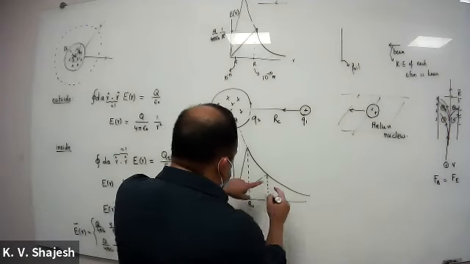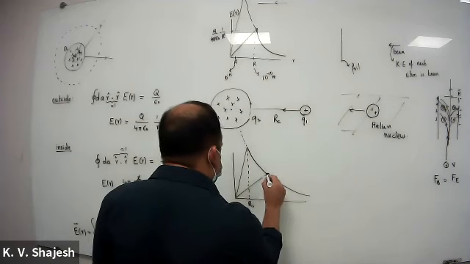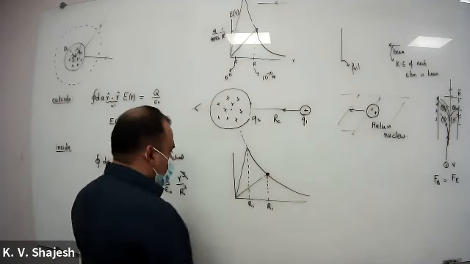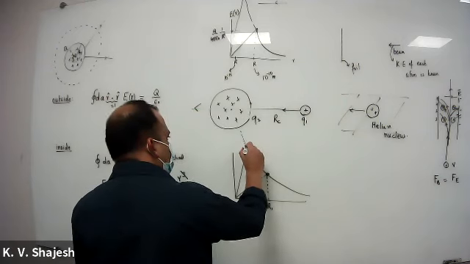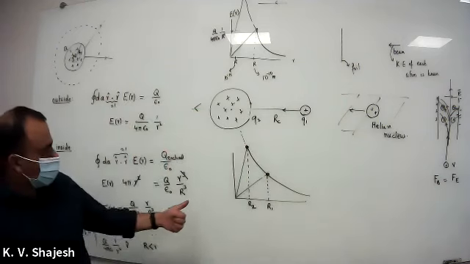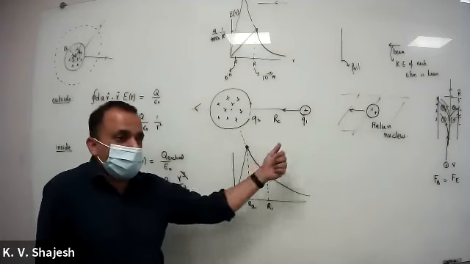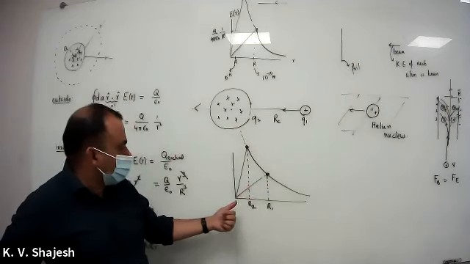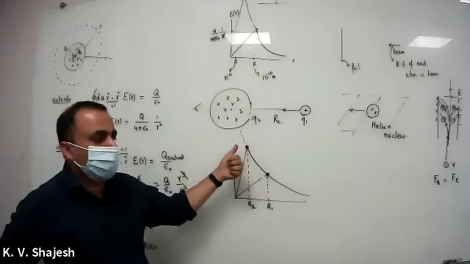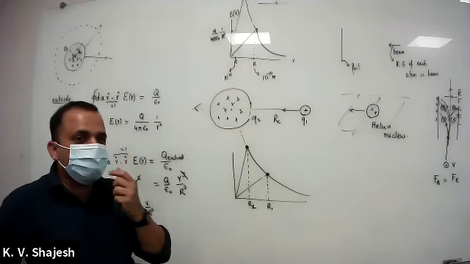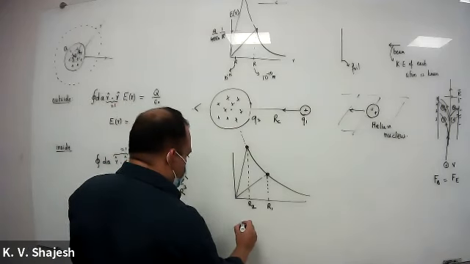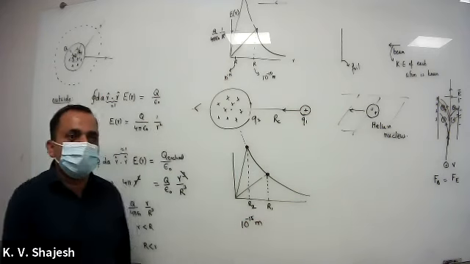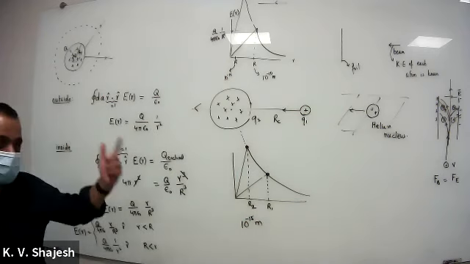If it was R1, the maximum electric field it can experience is this. If it was R2, the maximum electric field it can experience is this. And since, based on this experiment, it came back, the only way it could have happened is that it had so much energy. Based on the amount of kinetic energy he had, he could say that it is at least smaller than 10 raised to minus 15 meters, at least at that time. But now we know that it is 10 raised to minus 15 meters.